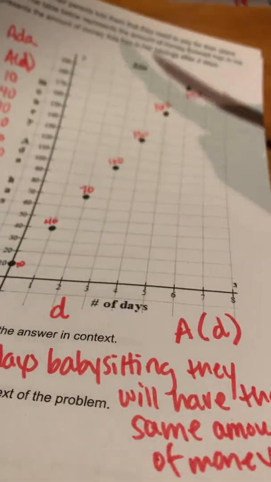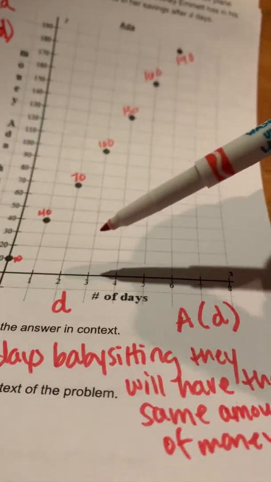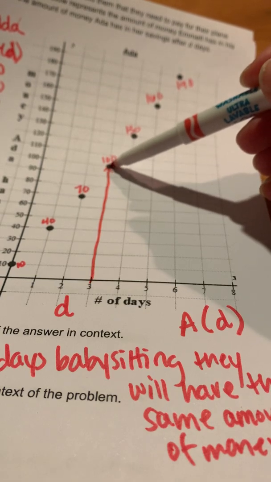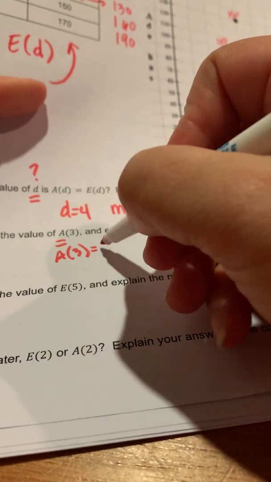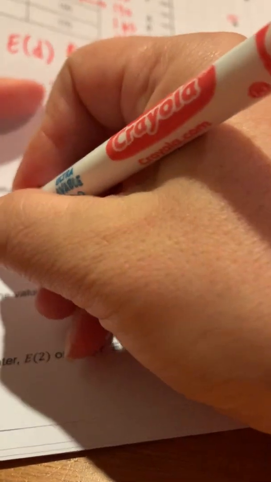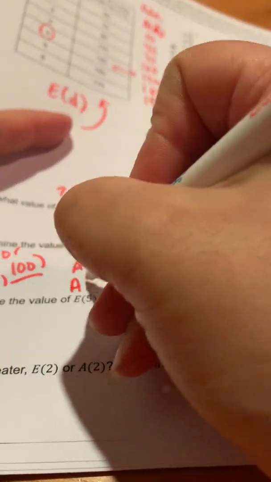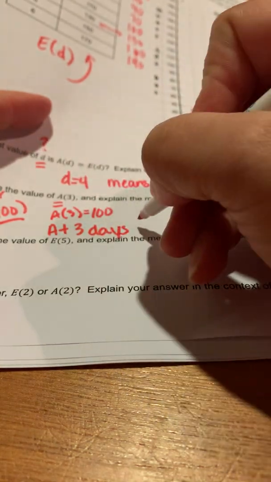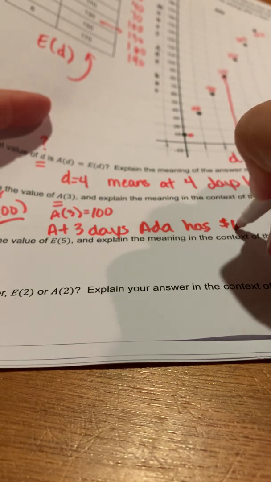So for Ada, we look at the table, or if you remade it here, you can look at 3. 3 goes up and means, oh, hey, she had $100. At 3 days, Ada has $100.